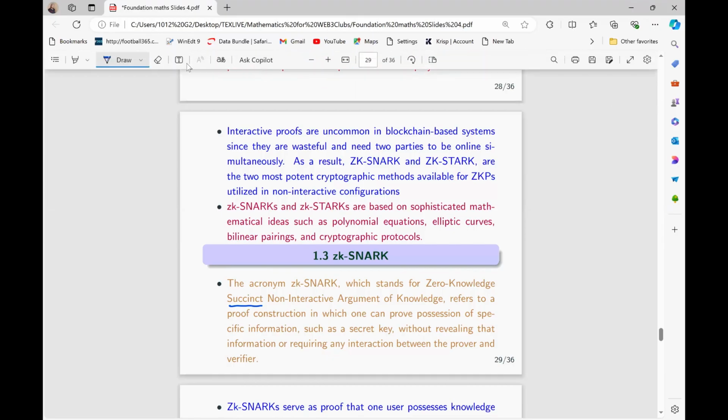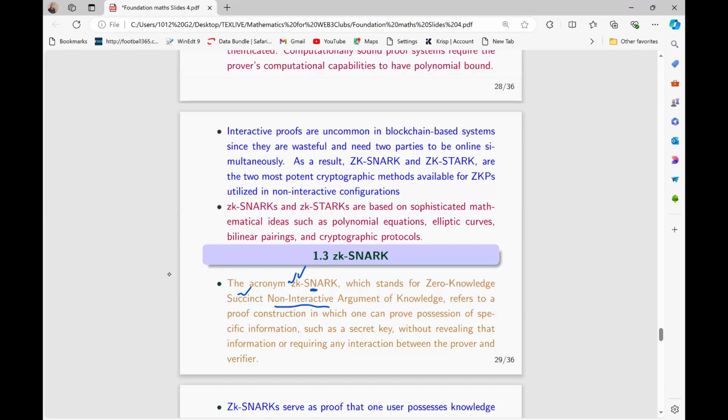But we shall look at that again. So the ZK-SNARK is an abbreviation that stands for Zero Knowledge, Succinct, Non-Interactive, and then the AR, the A is the argument, this AR stands for argument of knowledge.